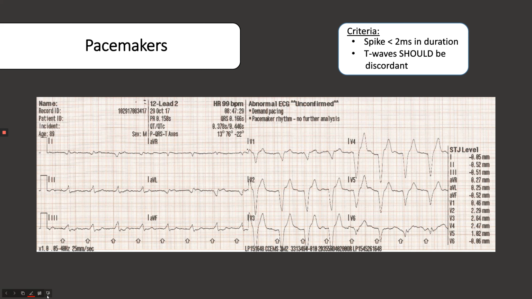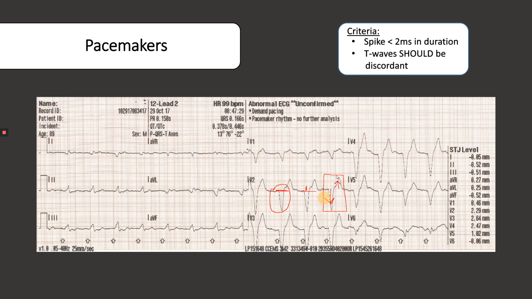Now, morphology here on the pacemakers looks a lot like a left bundle branch block. You've got a wide QRS right here. There's normally some ST elevation here. You have a discordant T wave, which means the T wave goes the opposite direction as the QRS. That's what discordant means.